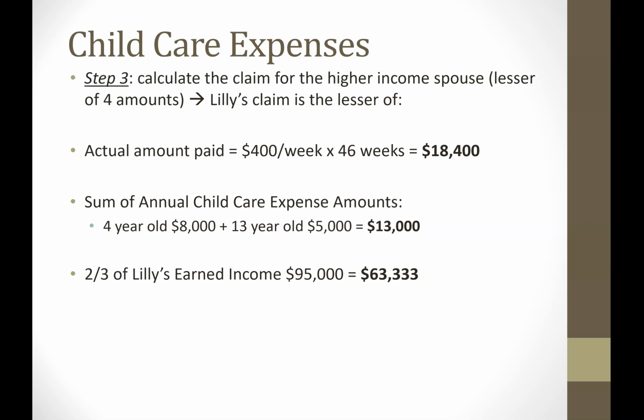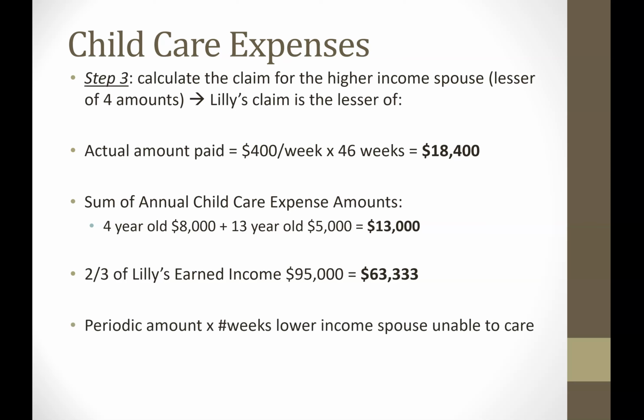Now remember, because Lilly is the higher income spouse, there's a fourth limitation, which is the periodic amount, which is 1/40th of the annual amounts, times the number of weeks that Thomas was unable to care for the kids. So let's look at the periodic amounts. 8,000 divided by 40, 5,000 divided by 40, that's the 200 plus the 125, times the 8 weeks that Thomas was in post-secondary education and he was unable to care for the kids.